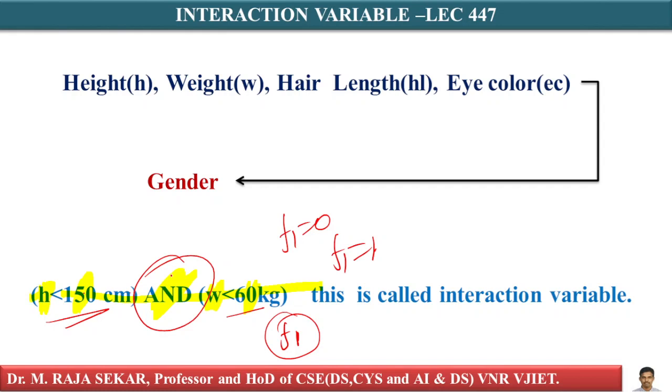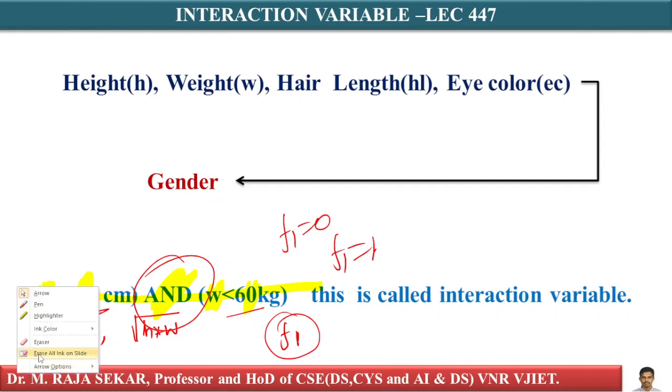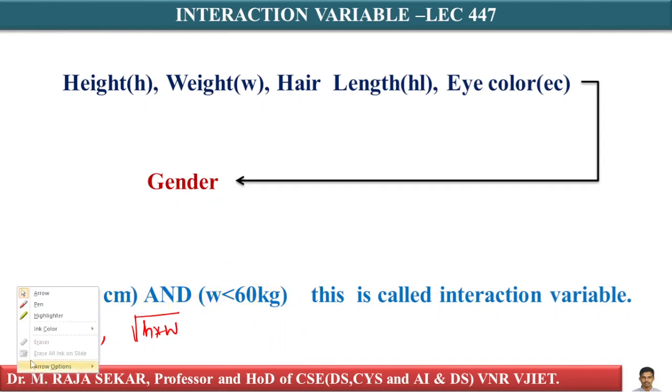So let's look at some other example. Instead of logical operations, you could use numerical operations. You could have said h into w instead of logical operators. Even I can say h into w as a new feature, depending on the use case.